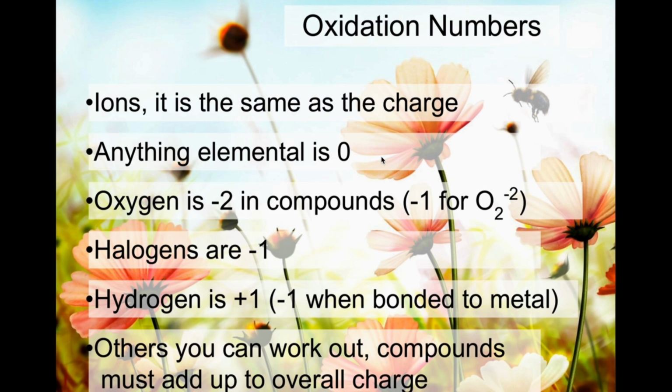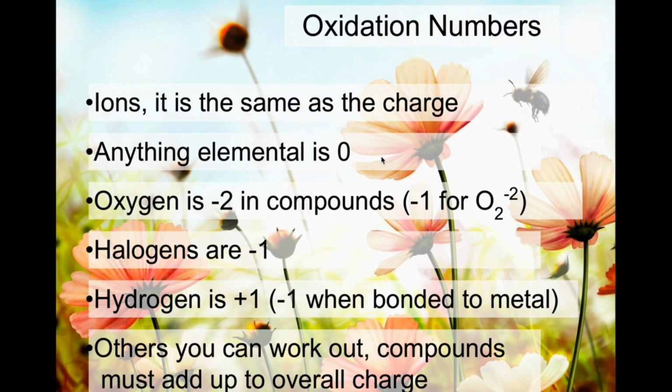However, an exception is oxygen, which in compounds is -2. So oxygen by itself, elemental, is just 0. But in compounds, for example H2O, since that's a compound, it'll be -2.